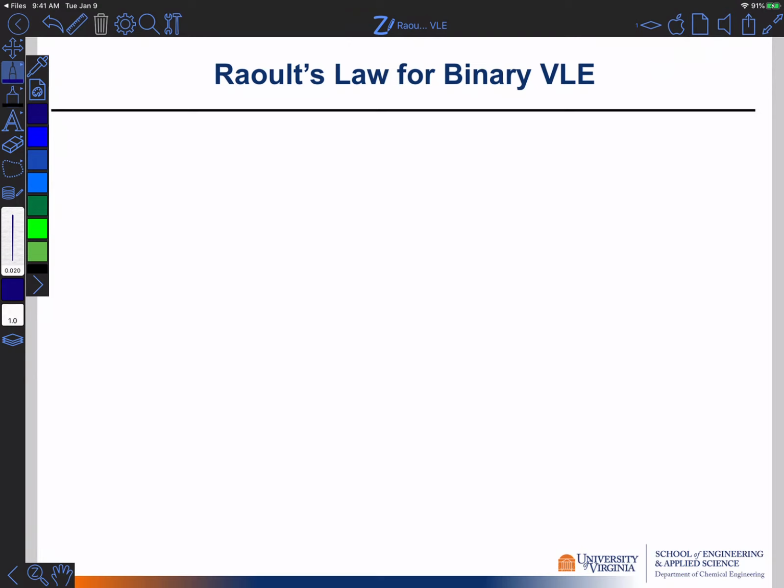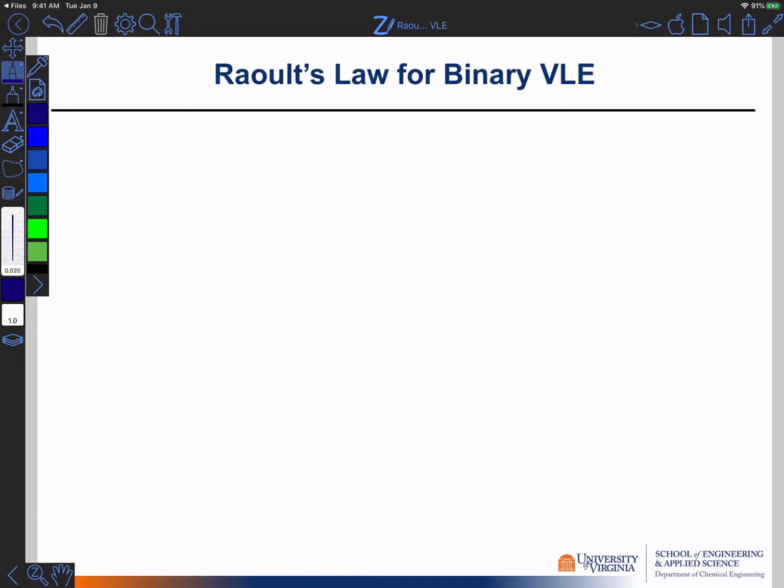So now we're going to think about a binary system. A binary system is just a system that contains two components, maybe components 1 and 2, components A and B. We'll put names on them at some point, but basically we just have two components in the system. Right, and so if we want to describe vapor-liquid equilibrium in this case, we can start out by writing out our governing equations.